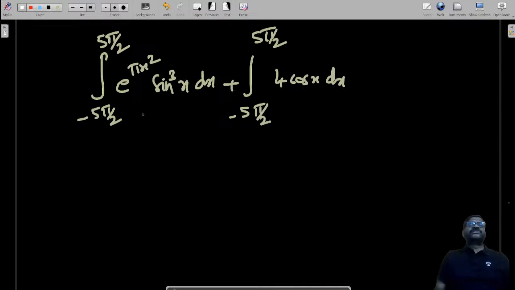This is odd function. That's why the value of this integral is 0.